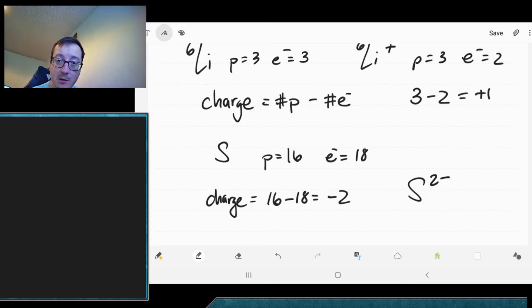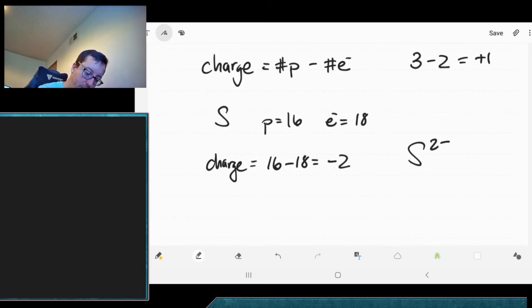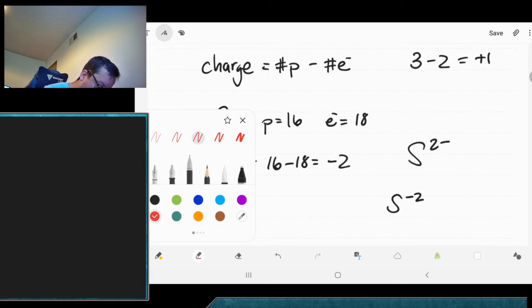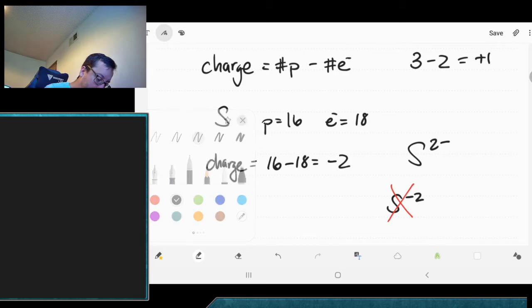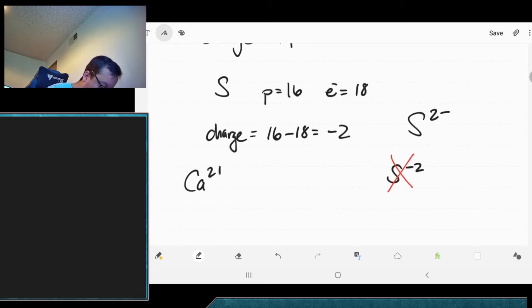Chemists typically will write the number first and then the sign of the charge second. So this way is not the way that we're going to write it in chemistry. For whatever reason, they've written the magnitude of the charge first instead of second. So we don't write it this way. We write it that way. You'll see biologists sometimes write it like this.